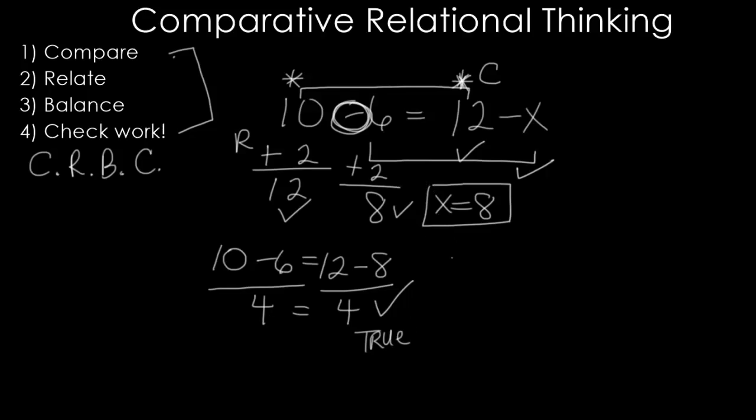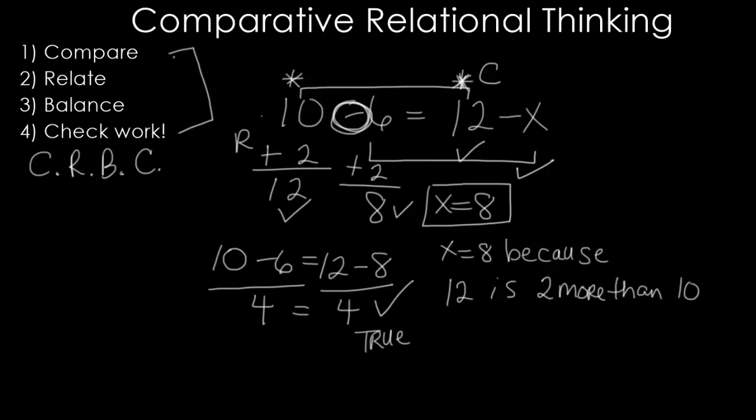So let's write down our explanation statement. x equals 8 because, why is x equal to 8? Because what does our comparison statement say? 12 is 2 more than 10. We compared 12 and 10. So 12 is 2 more than 10.